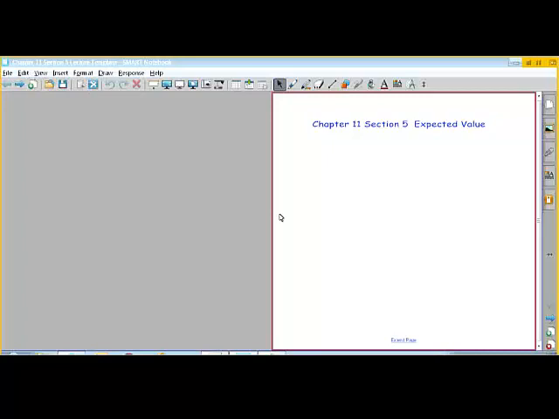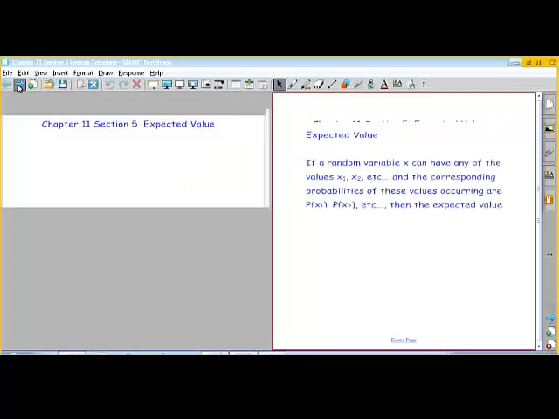So let's look at the definition for expected value, the math definition.